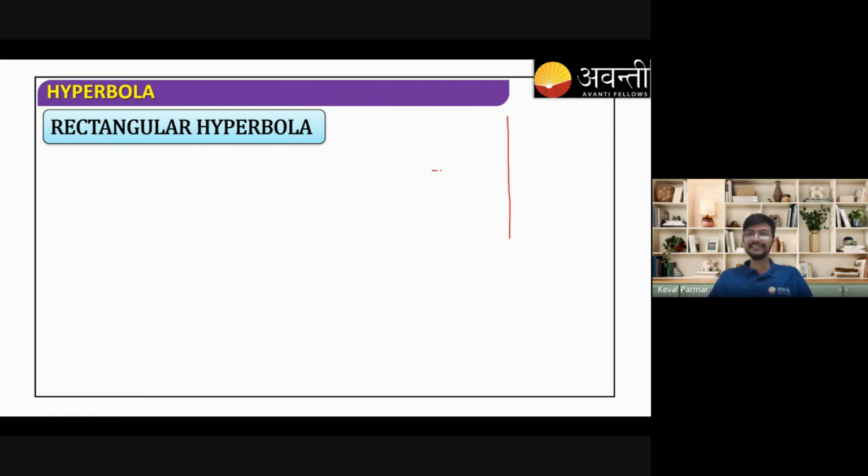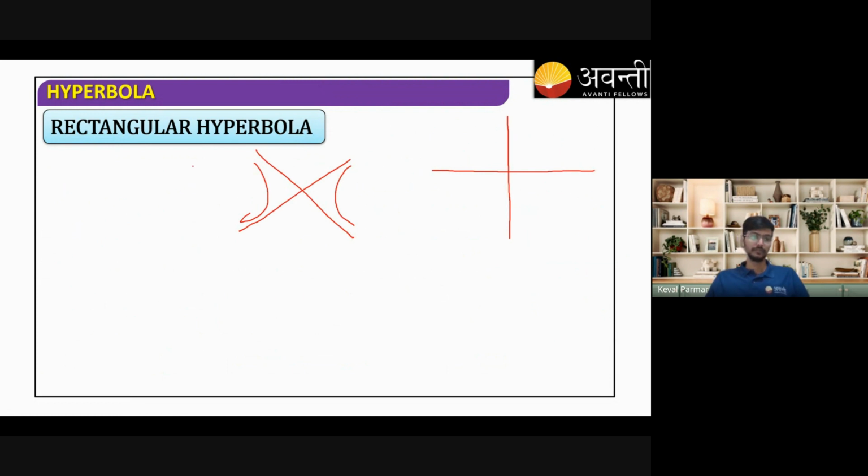So these are the coordinate axes, and these should act as the asymptotes. Now, if you remember, for the standard hyperbola, the asymptotes were forming an x. That means the hyperbola was something like this in the branches of the x.